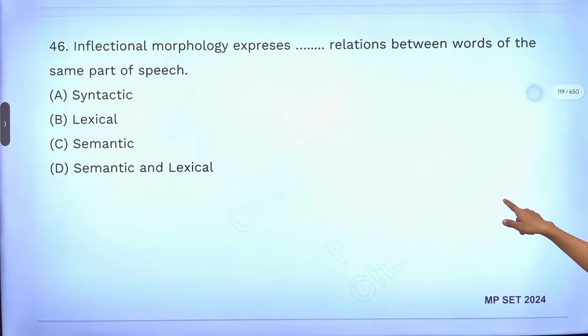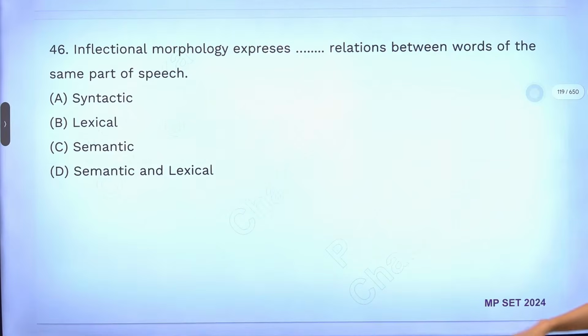Now, inflectional morphology expresses dash relations between words of the same part of speech.